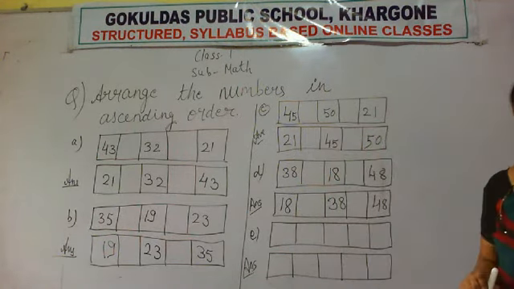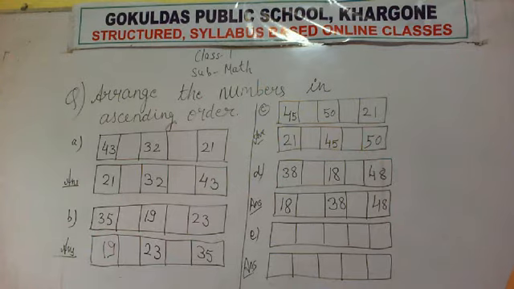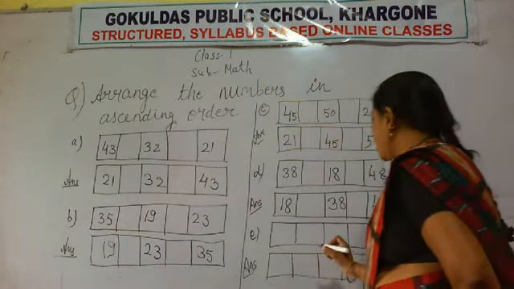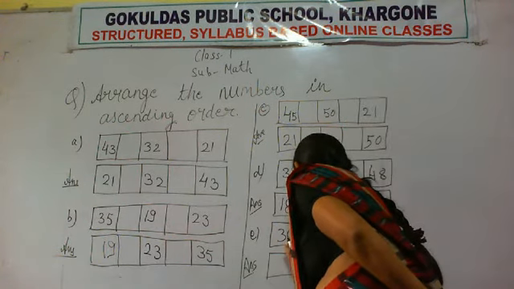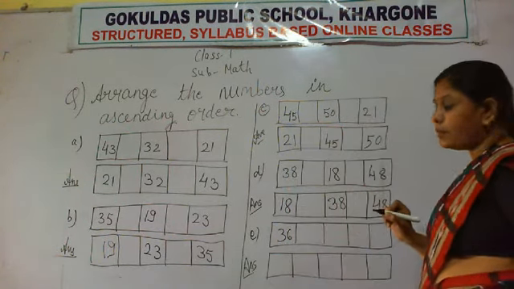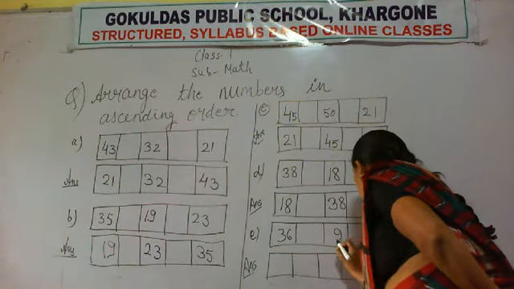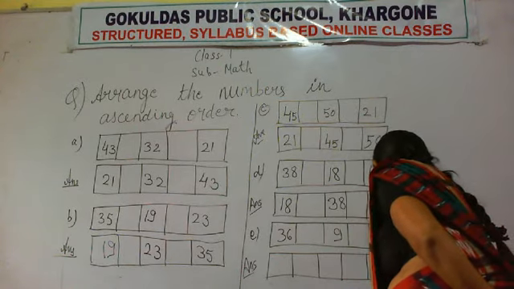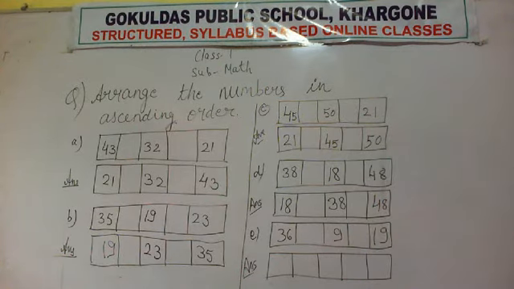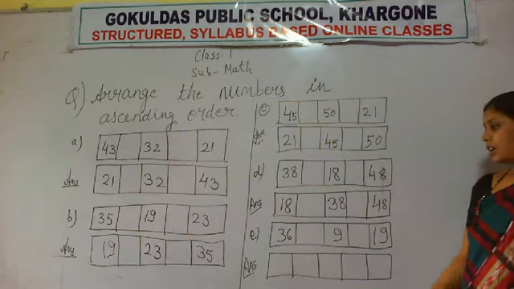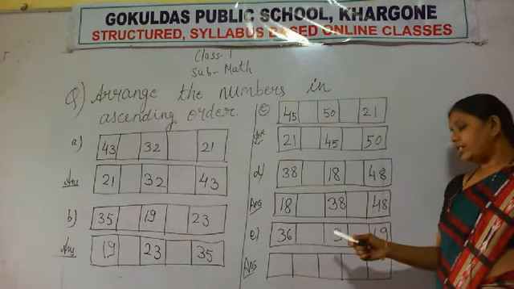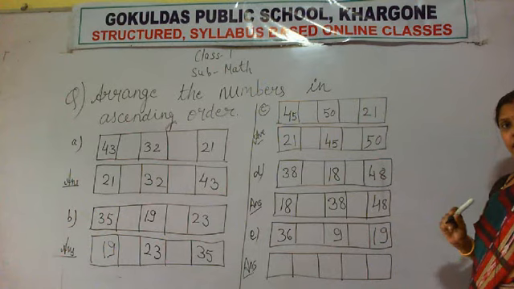Now what are the numbers that are given? The numbers are 36, 9 and 19.